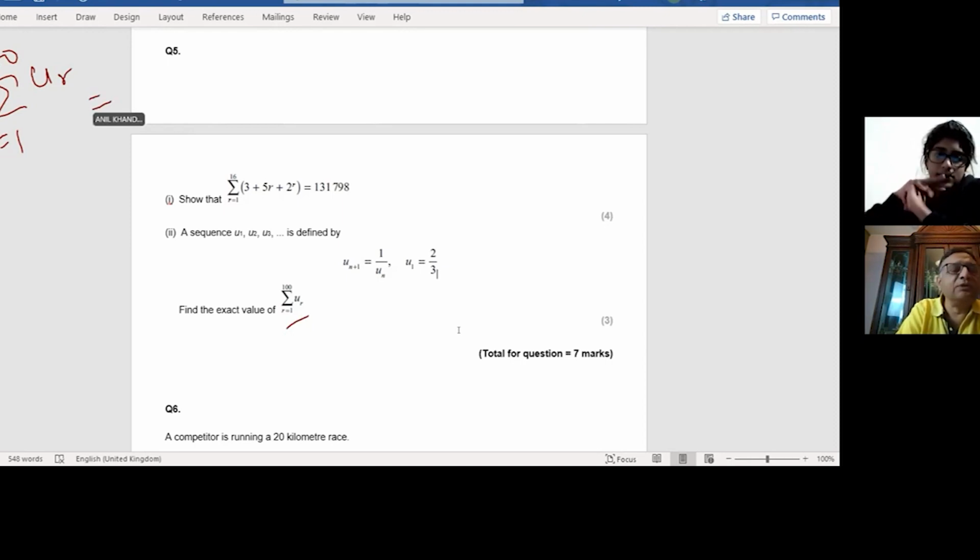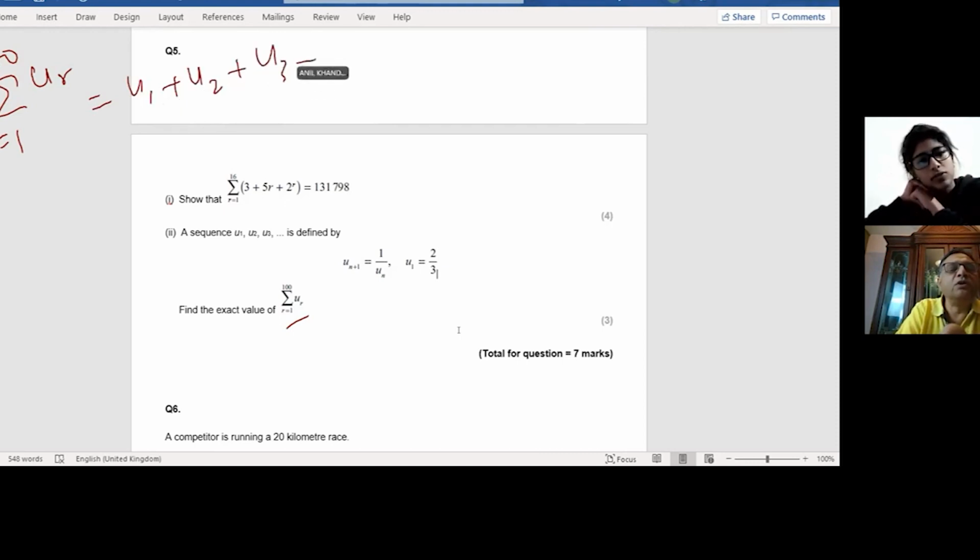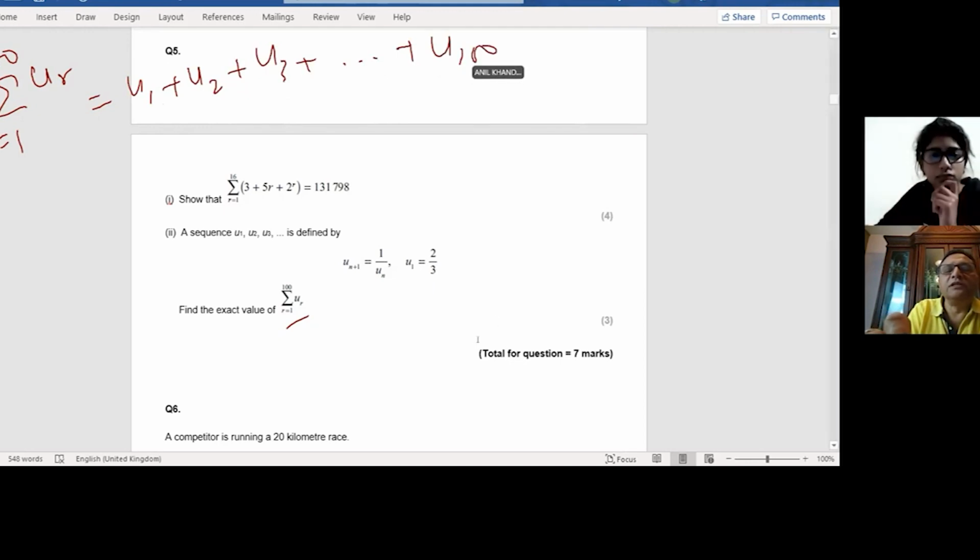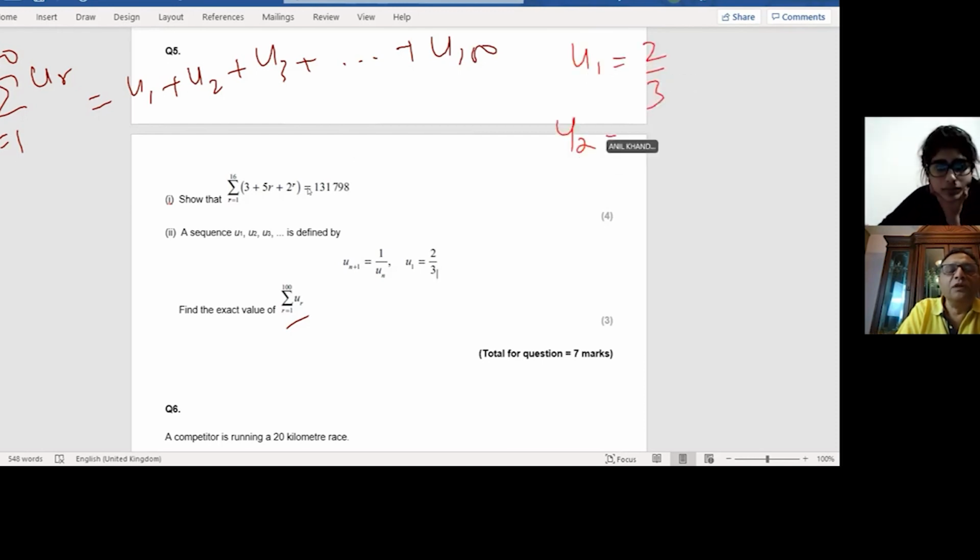So now you understand sigma notation. Basically, what we need is to find U1 plus U2 plus U3, and so on, to U100. So are we given the U's? Yes, we are given. This is called an iterative formula, right? So you know U1 is 2 over 3, right? What is U2 equal to? They are saying U2 is 1 over U1. So it is 3 over 2.